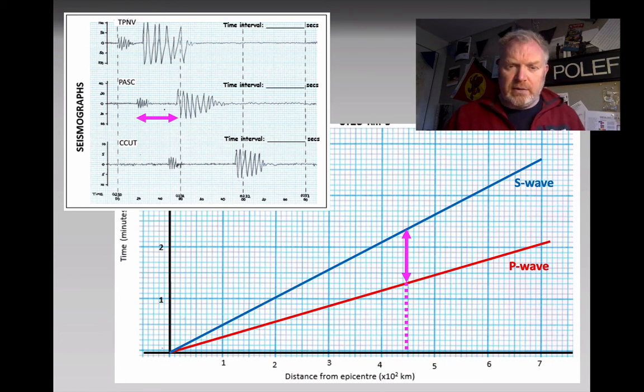Once we've done that, we can go to our map and plot a circle around the seismic station that has the same radius as that distance, because that's how far we know the earthquake has travelled. If we do 3 circles, where those circles meet, that's our epicentre.